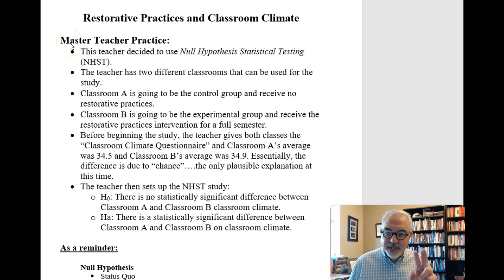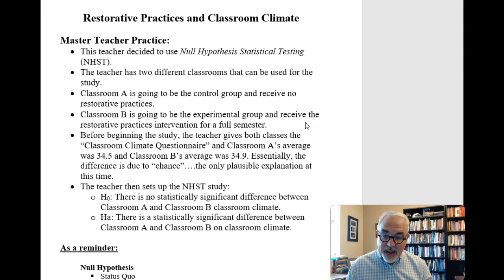This teacher had two different classrooms that could be used for this study, so we're going to name them Classroom A and Classroom B. Classroom A is going to be the control group, and it's not going to receive any restorative practices from the teacher. In contrast, Classroom B is going to be the experimental group, and they're going to receive the restorative practices intervention for a full semester.